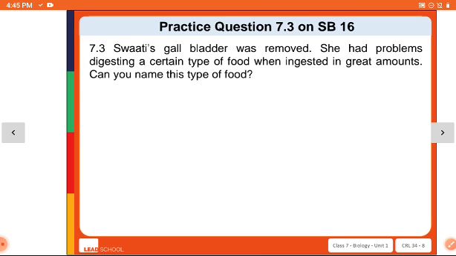So question number 7.3 on SB 16. Swati's gallbladder was removed. She had problems digesting a certain type of food when ingested in a great amount. Can you name this type of food?